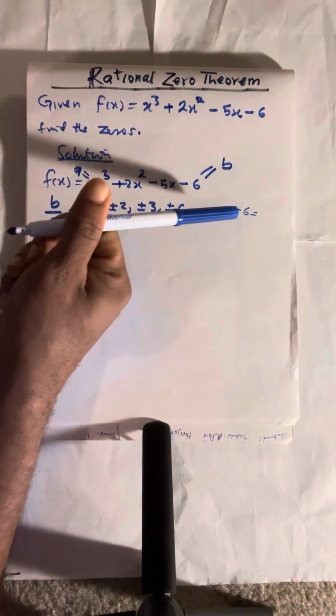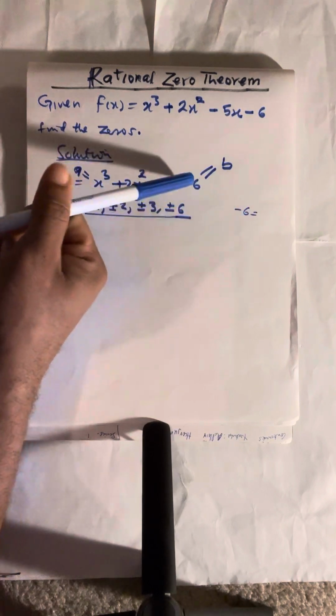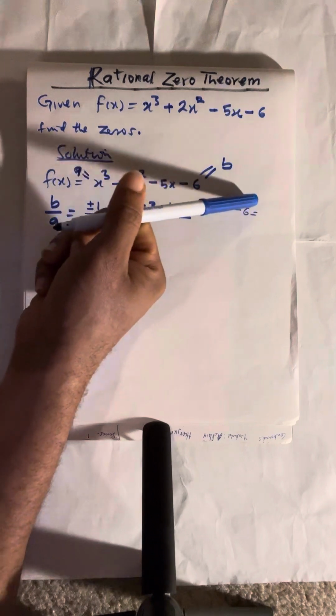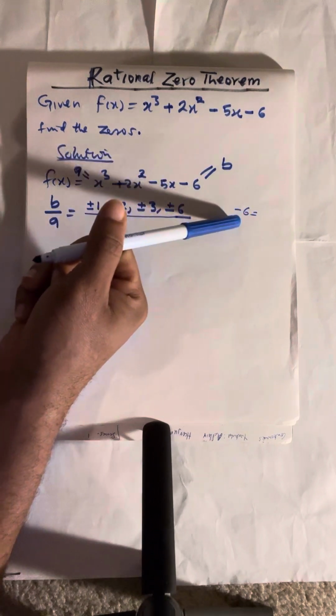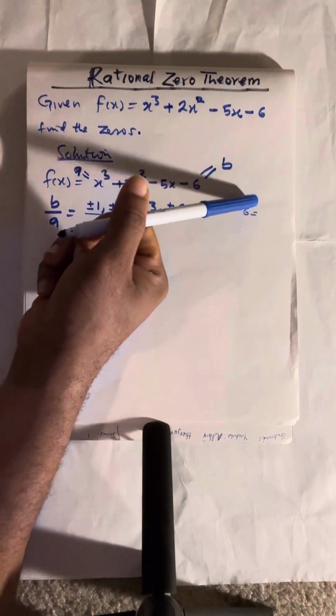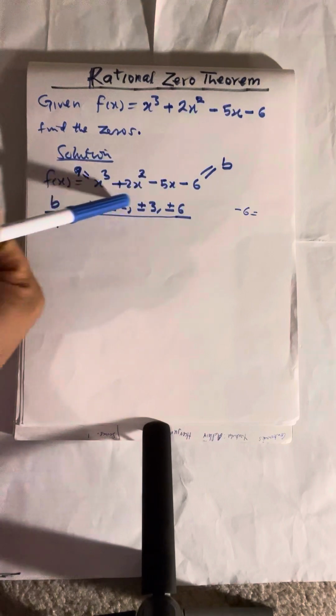When I'm talking about factors, I'm talking about whole numbers, integers. So these are all the integer factors of -6.